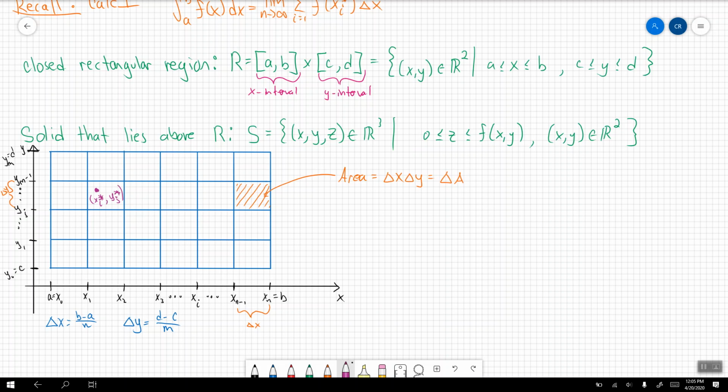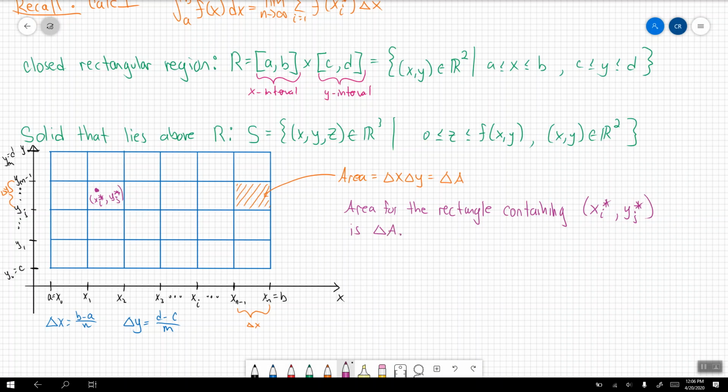Perfect. Now, according to this, if I want to find the area for the rectangle containing x sub i star and y sub j star, it is, again, just delta A by our previous work right up here.